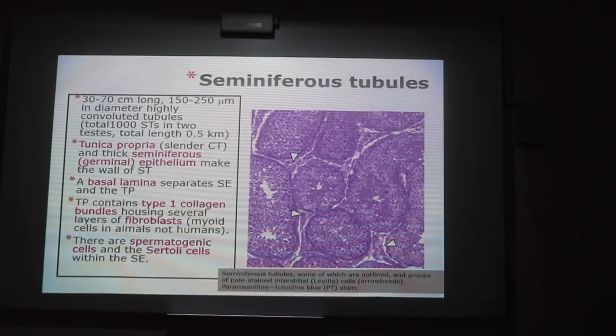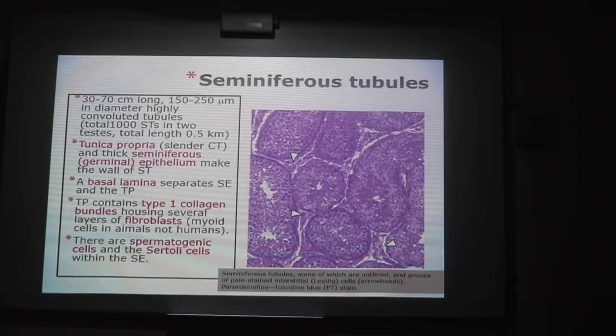So when they contract, they are going to push the secretions and the sperm from the lumen of the seminiferous tubules towards the straight ducts and then towards the efferent ductules.